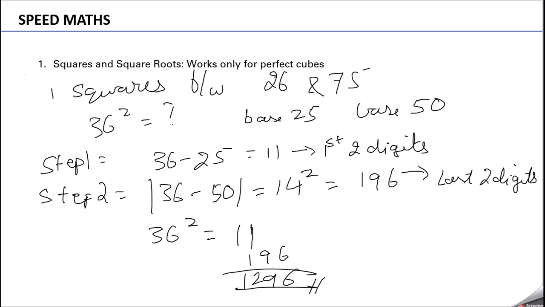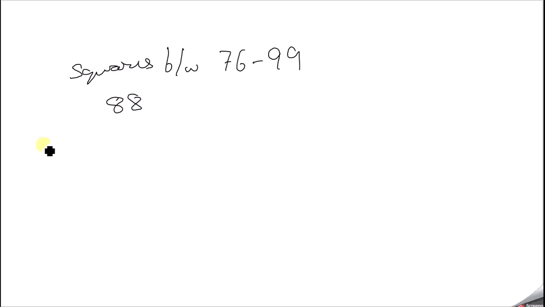Now we'll see how to calculate squares between 76 and 99. Take for example 88.